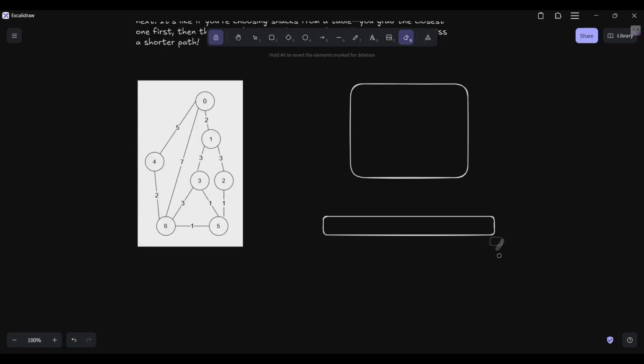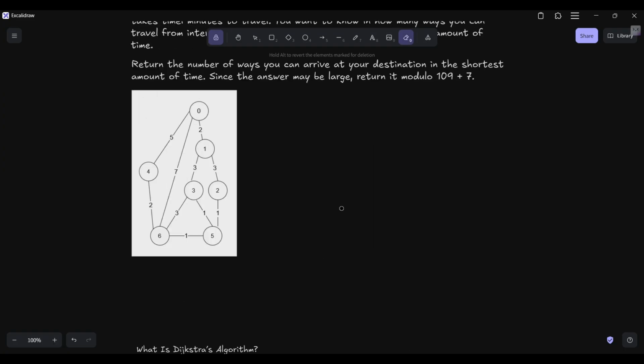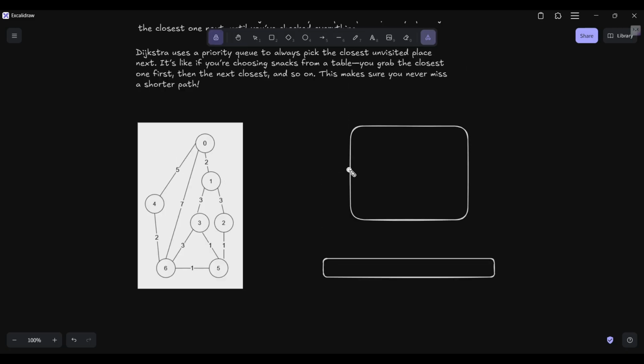But we have to calculate the total number of ways to reach the destination in the shortest amount of time. So for that we are going to use a path count that will store the number of times we have arrived at a node by this path.